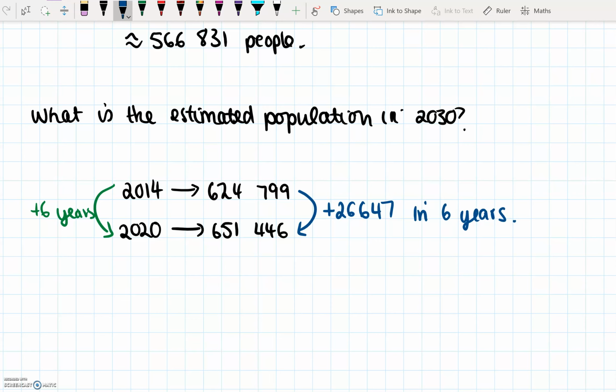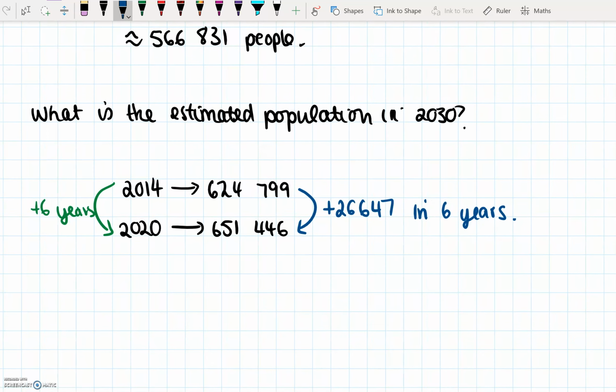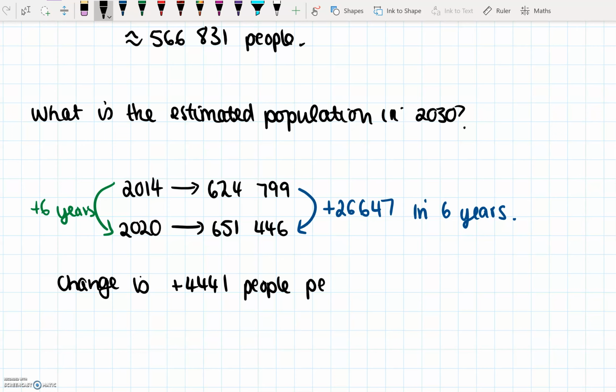All right, so this gives us, divided by 6, a change of plus 4,441 people per year.